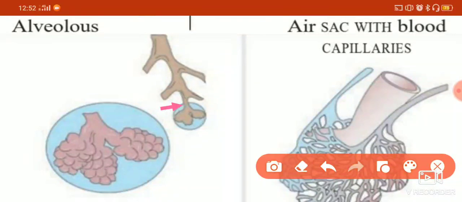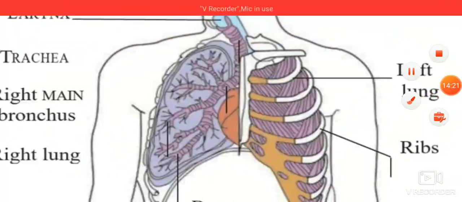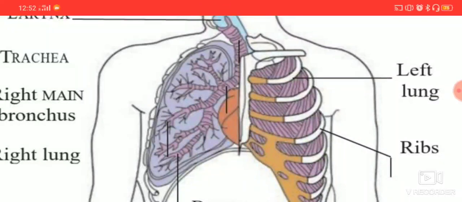Then we see the lungs. These are the main respiratory organ of humans. One pair, means two, right and left, spongy elastic lungs present in the thoracic cavity.